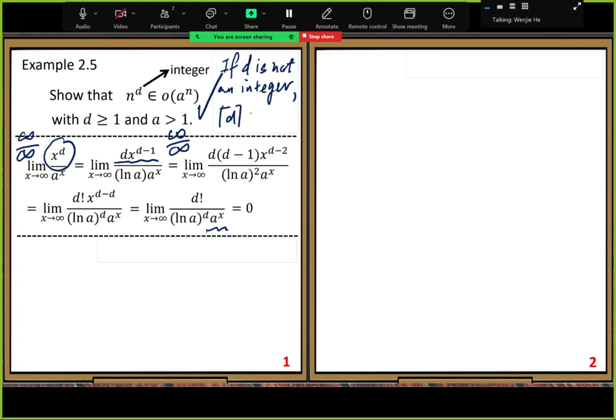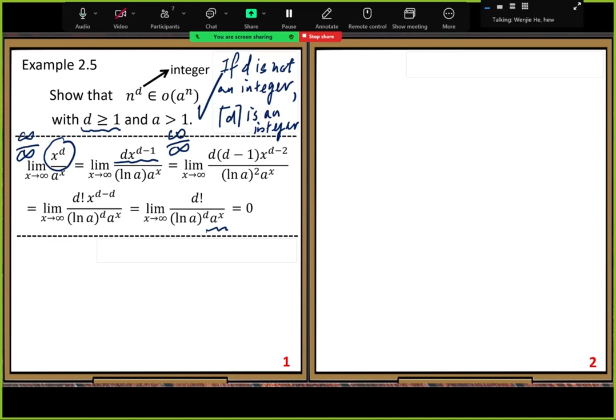The ceiling function of D is an integer, or positive integer. Any question? All right. Ceiling function. Now let's do it this way.